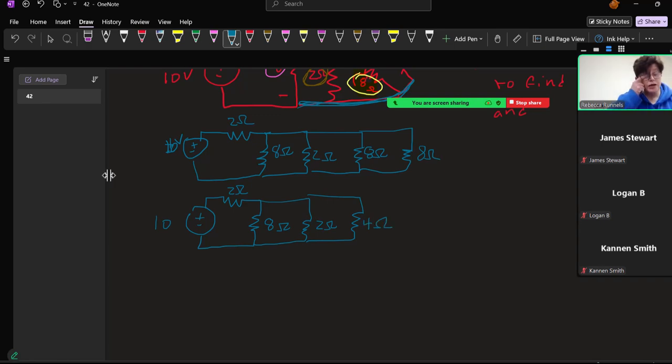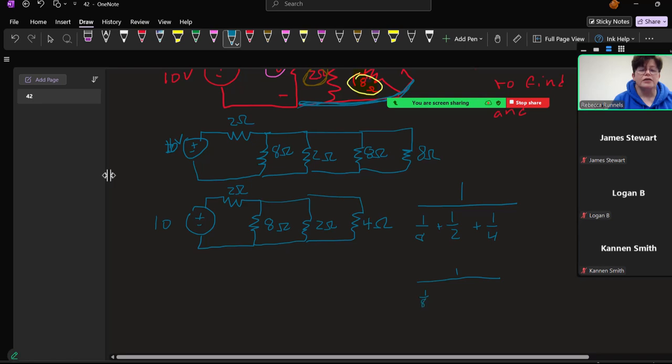Now, to combine more than 2 things that are in parallel, you would do it as 1 over 8 plus 1 over 2 plus 1 over 4. So it's 1 over the sum of 1 over each of those. So that's 1 over 1/8 plus 4/8 plus 2/8, which is 1 over 7/8, which is 8/7.